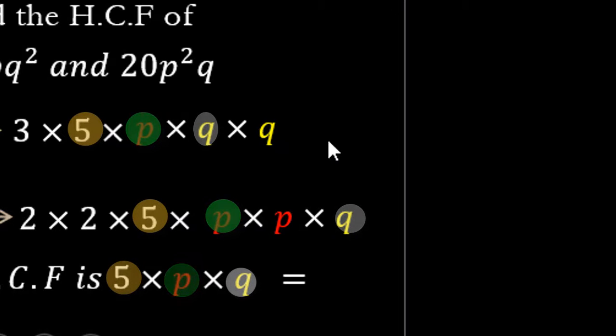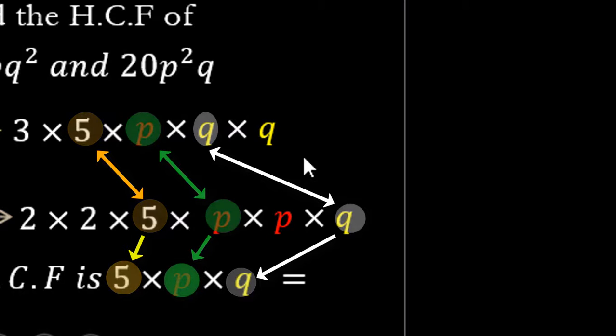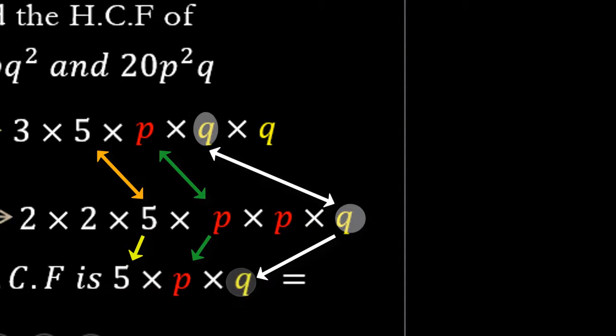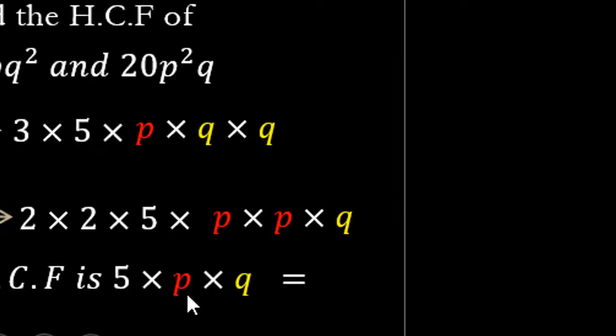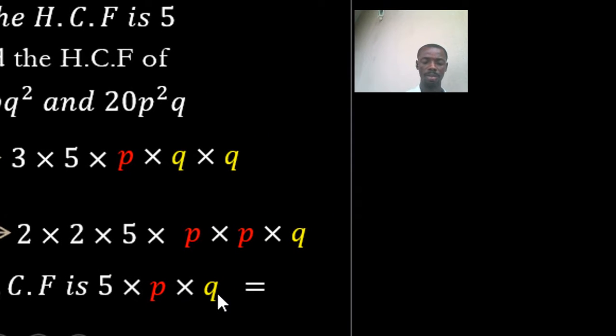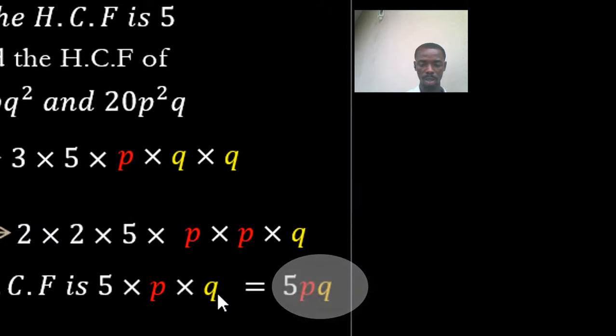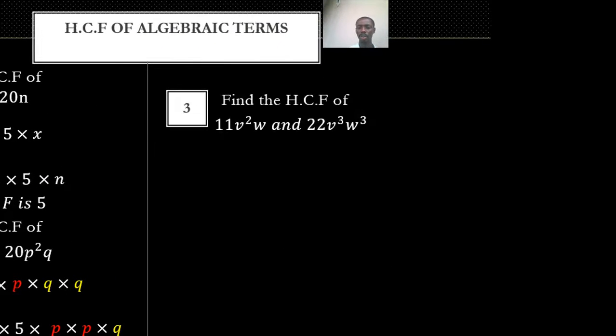Now this q has no other q to match up with, and this p has no other p to match up with. So I can't do anything beyond this. Multiplying out, my answer will be 5 by p by q. So that's 5pq, and this forms my answer here. Okay, I believe that is understood.